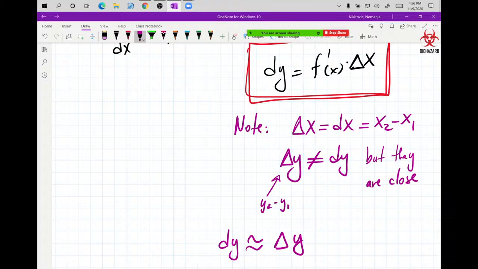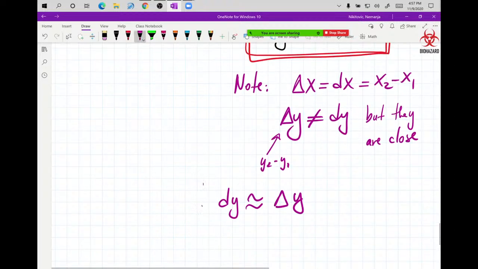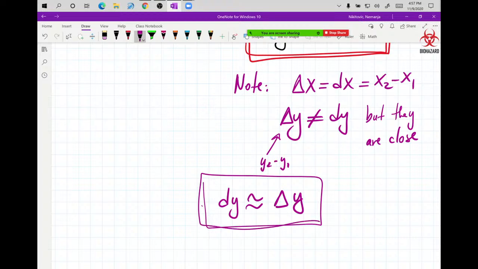So we get to calculate a lot of stuff here. And maybe the differential would be very quick for us to use rather than to calculate the exact change. You can just approximate. So dy is approximately equal to delta y. And then you can avoid calculating these formulas twice and so on.